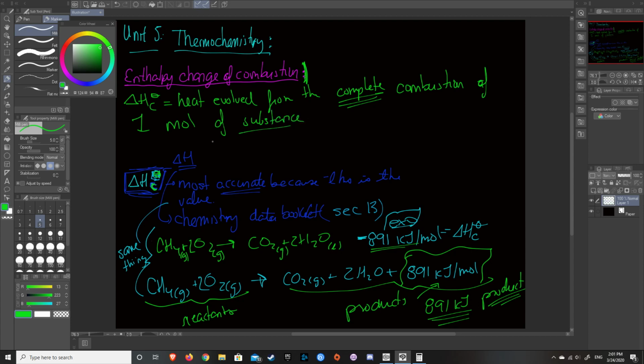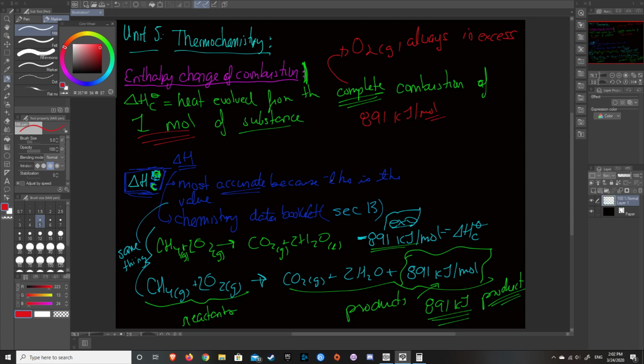So complete combustion means that for this type of question, O2 is always in excess, and of 1 mole of the substance. So 891 kilojoules per mole. That's per mole.